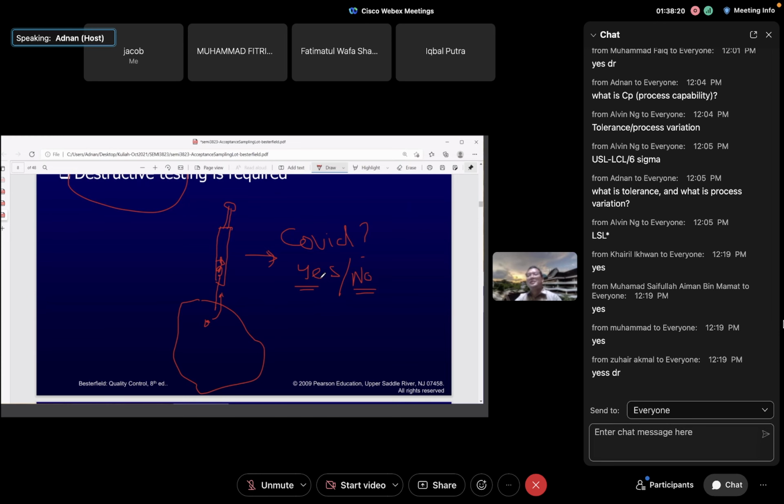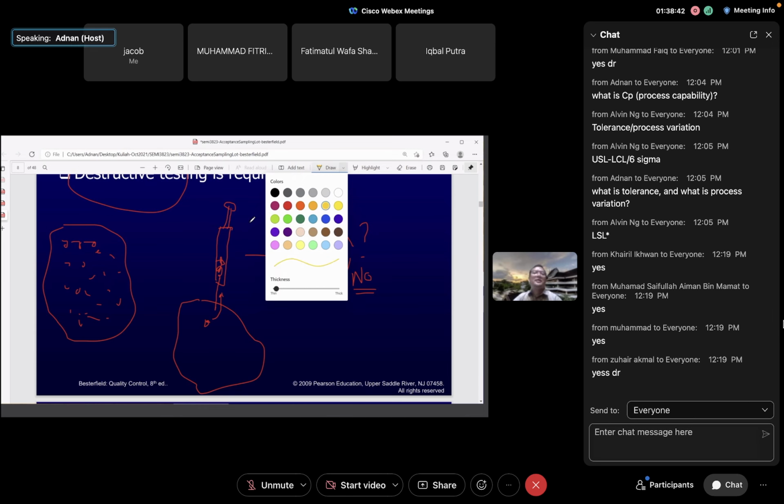The same analogy we use in manufacturing. We produce a lot of items. You don't do the inspection for all the items. So what you do is you take a sample to represent the whole production.